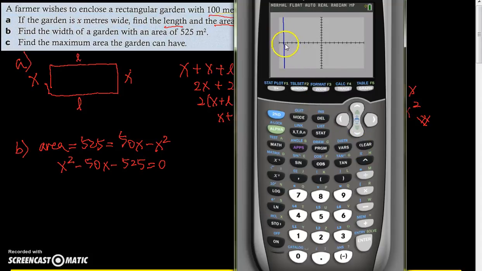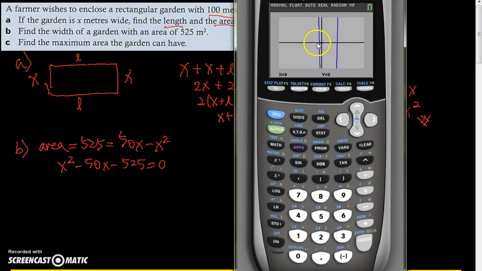So I see something there, but I don't see the entire parabola. So I'm going to zoom out just to make sure I see the big picture. I still don't see the other side, so I'm going to zoom out further. All right, so there you go.